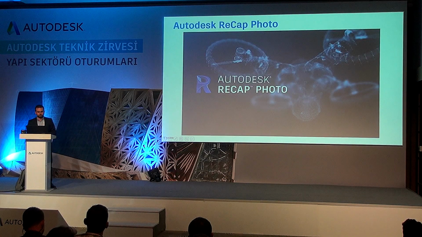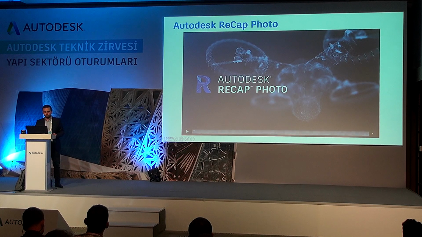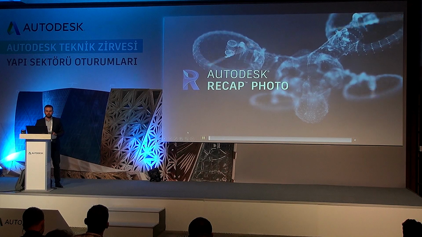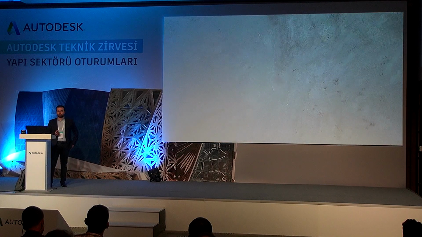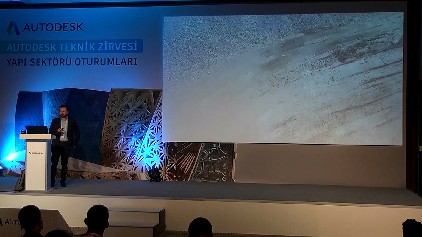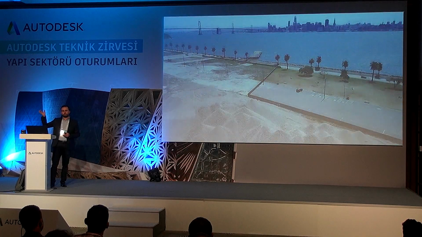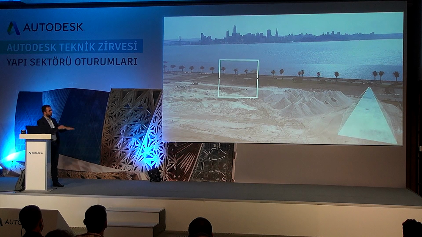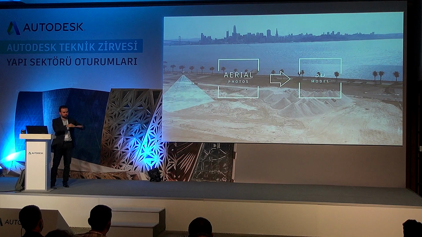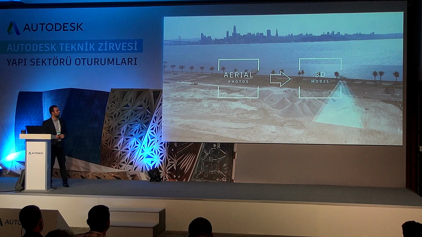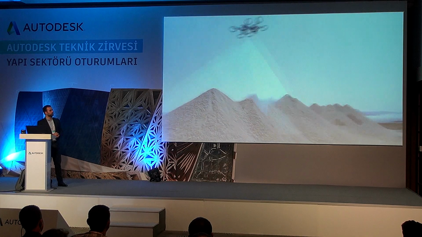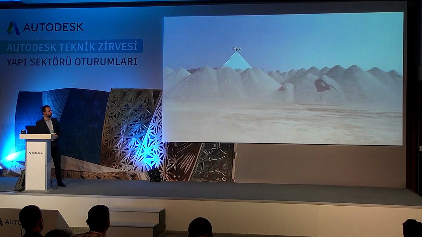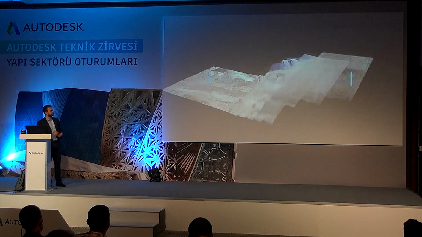This is the major functionality of Recap. Now, within Recap, not just for point clouds, as I mentioned, we talk about laser scan, we talk about also photogrammetry. So we have something called Autodesk Recap Photo. From within Recap, we can bring those pictures that we take using the drone, but they have to be overlapping pictures, so there is some intersection between them. These pictures can be up to 1,000 pictures taken.